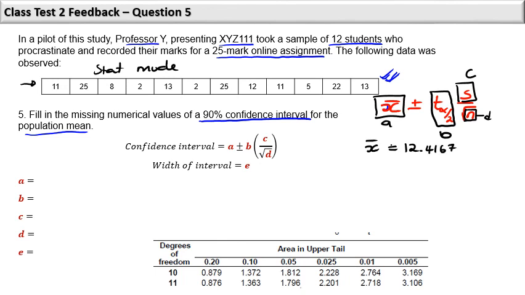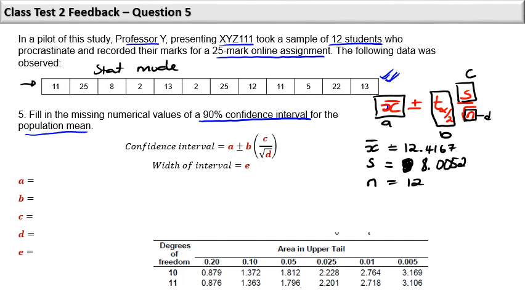So you just put that in, and then you will see that the calculated value from the stats mode of s is 8. Sorry about that, that's an ugly 8. Let's write it up. 8.0052. So these are the values that we get from the stats mode. And then your sample size n is 12. They said you took 12.